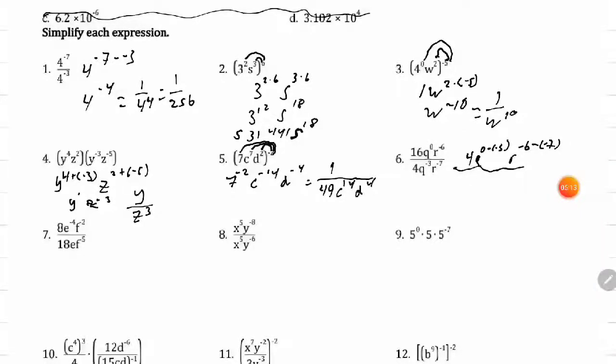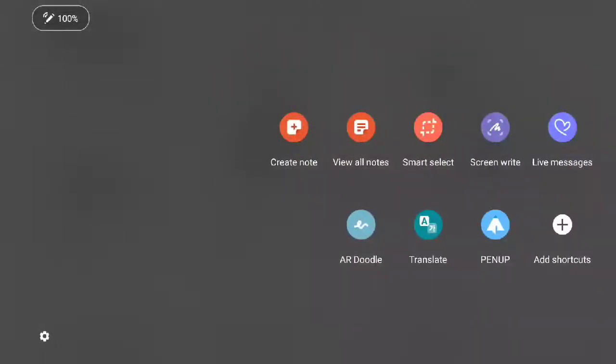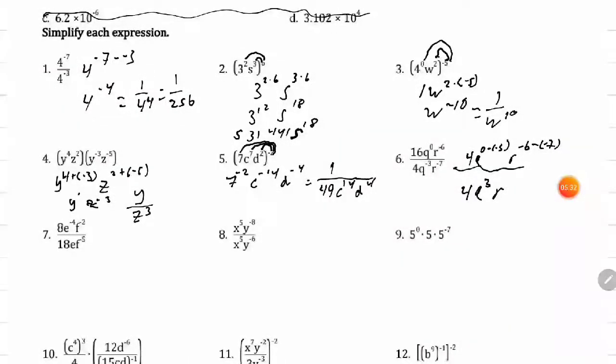So in this case, we're not going to have anything in the denominator. So this is going to be 4 q to the positive 3, because minus makes positive. And then negative 6 plus 7 is r to the first. Whoops. Let's head back. There we go. So our answer is 4q to the third r.